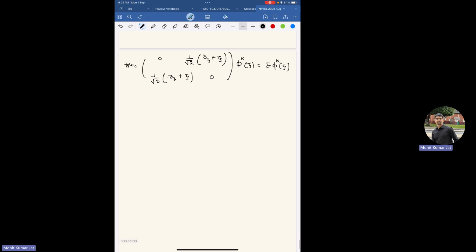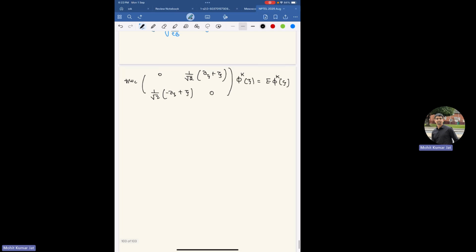And here we have defined the cyclotron frequency omega c as root 2 times Vf by Lb, that is, Vf times the square root of 2eB by h bar. This is the cyclotron frequency here.